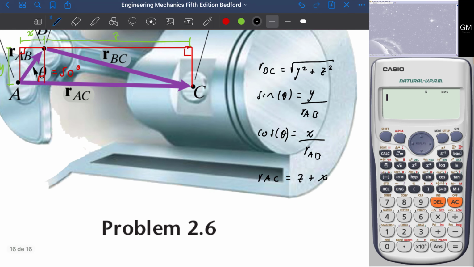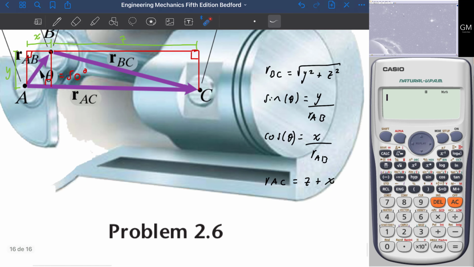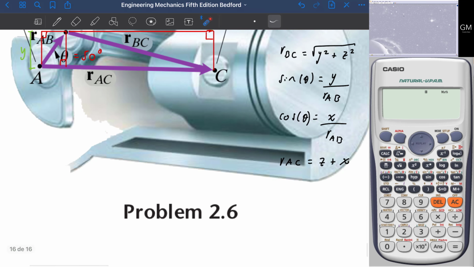As I just said, I'm going to use this equation for me to find the x value. And I'm going to use this equation for me to find this value, and I'm going to replace it in this equation for me to find this. Once I have c and x, I'm going to be able to find RAC.